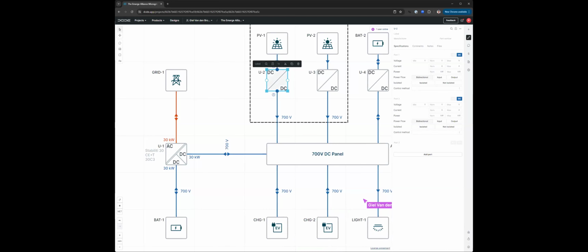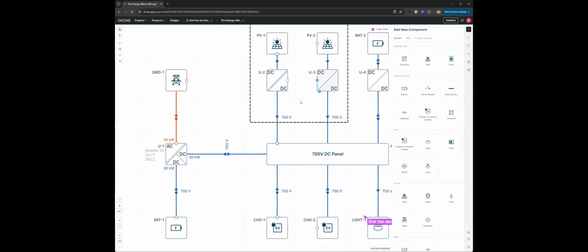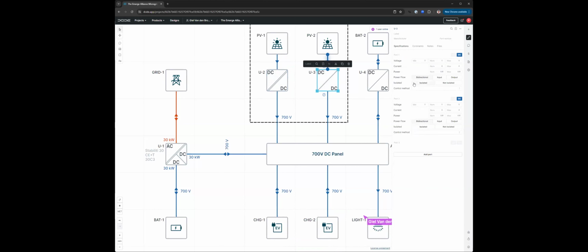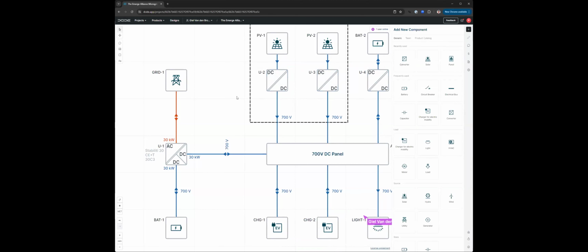Prior to DCIDE, you'd have to redraw these things, but here we can just click isolation and the symbols update dynamically. So the double lines with the gaps actually mean something. Grounding is a separate topic on its own, but rule of thumb, isolate, and that should be very flexible when you're putting these systems together.